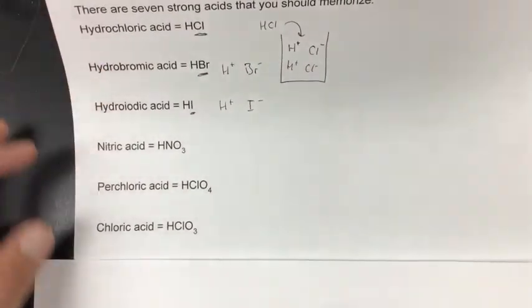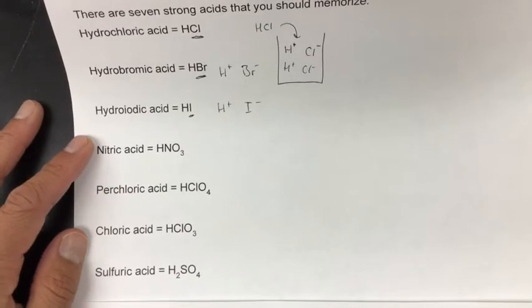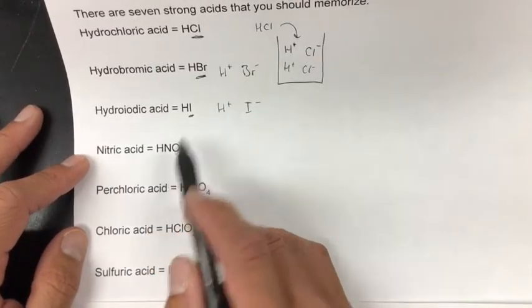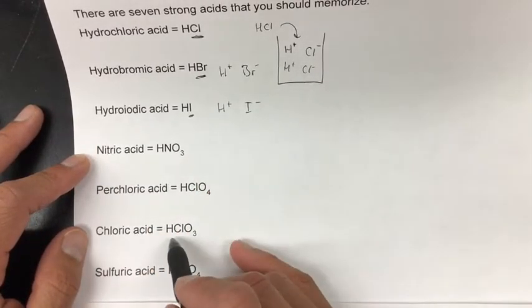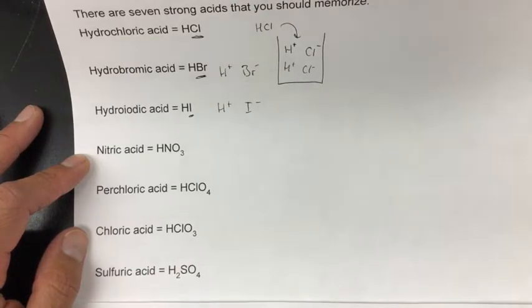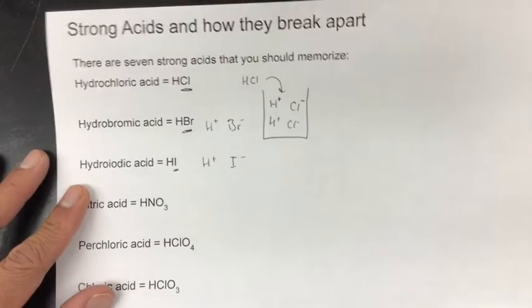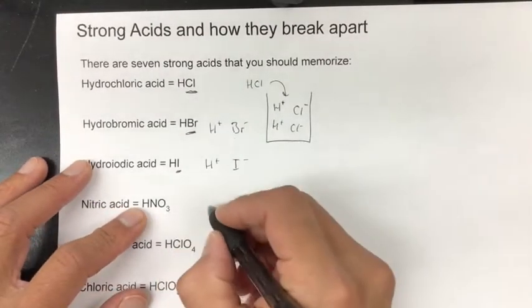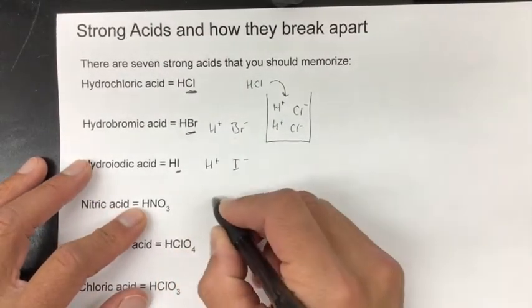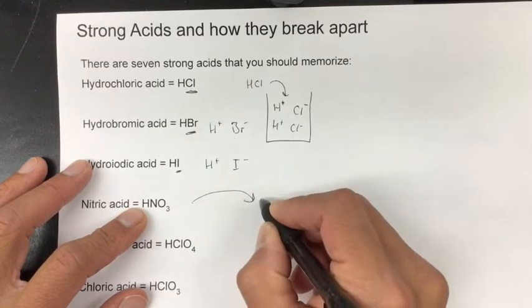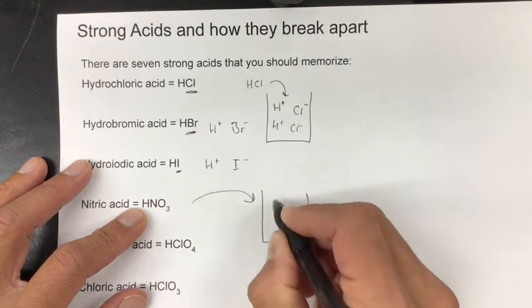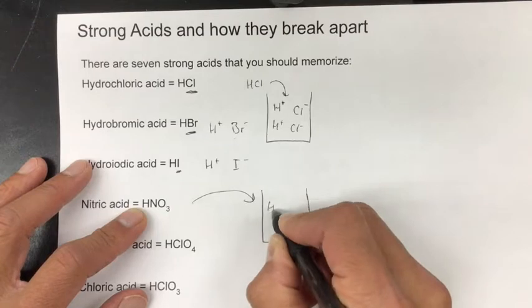The other four strong acids. So I have nitric acid, HNO3, perchloric, chloric, and sulfuric. Let's take a look at these three here next before we look at sulfuric. Similarly, if I put this in the water, it's going to break apart into, once again, H+.